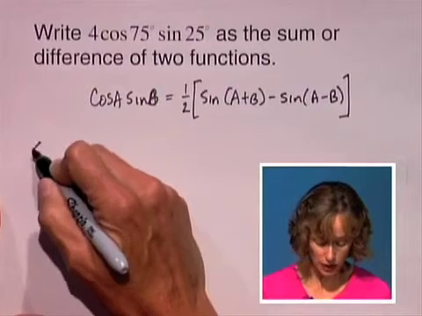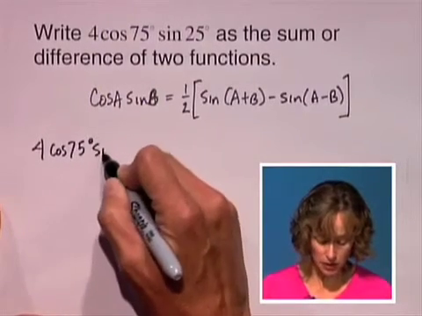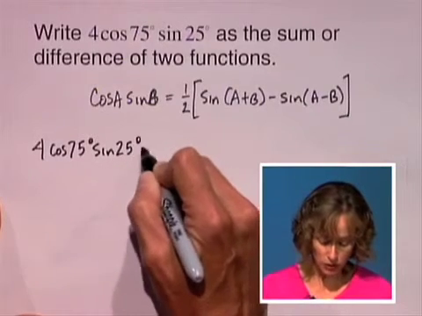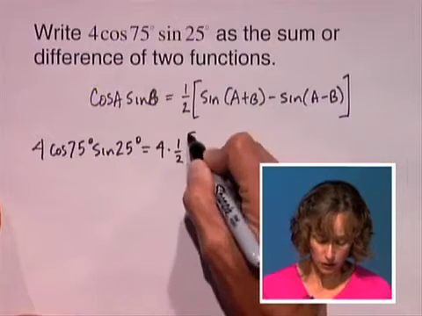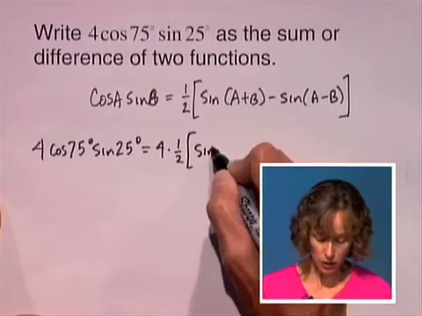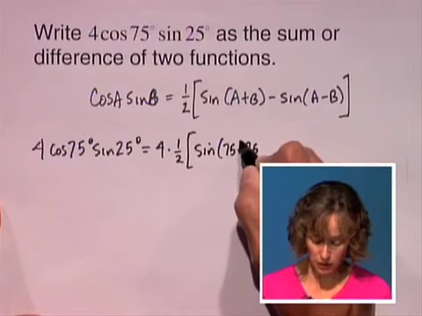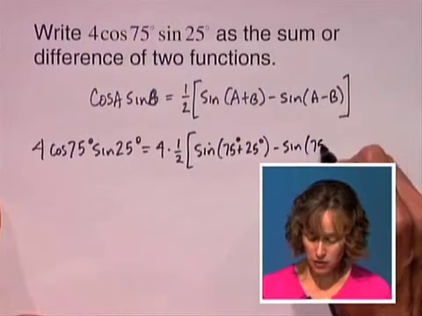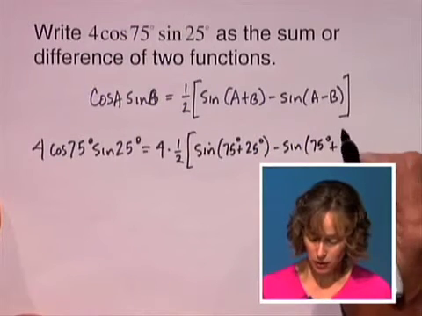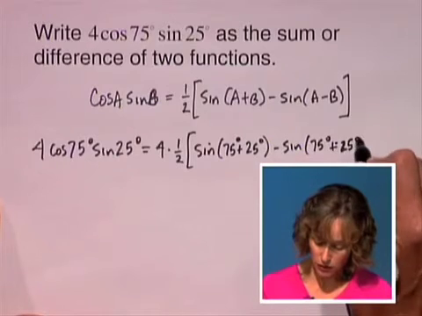So if I want to find 4 cosine 75 degrees sine 25 degrees, I have to find 4 times 1/2 of the sine of 75 plus 25 degrees minus the sine of 75 minus, I'll write plus negative 25 degrees.